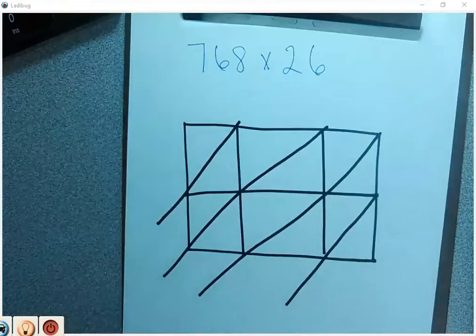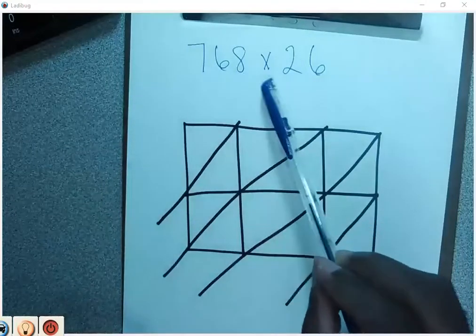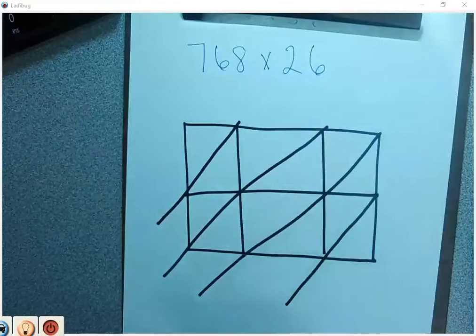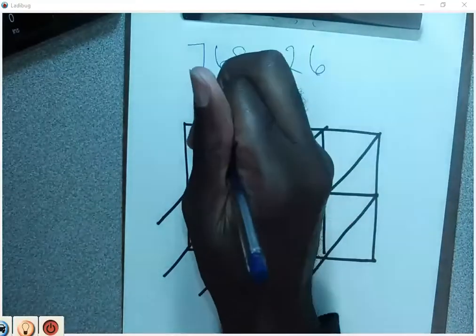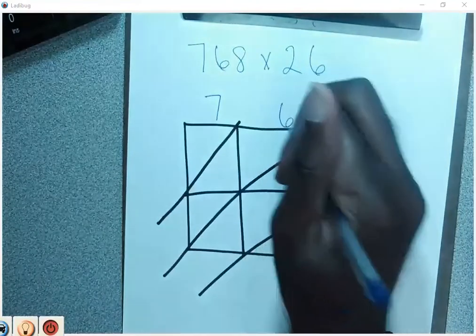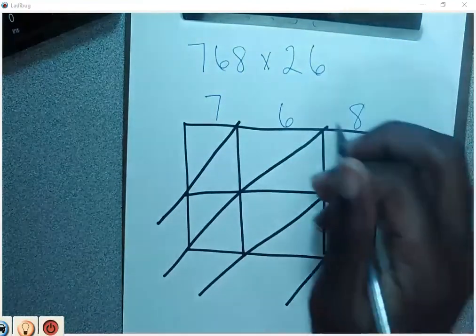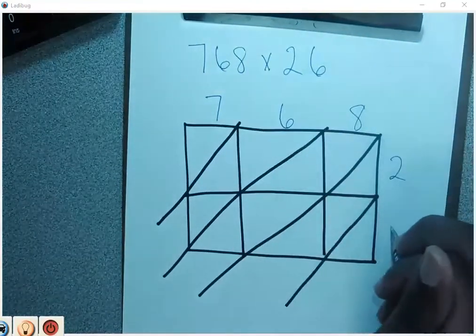All right, so now I'm going to write my factors, which is 768 and 26. 768, since it's 3 numbers, it's going to go across the top. 7, 6, 8, and 2, 6 is going to go on the side.